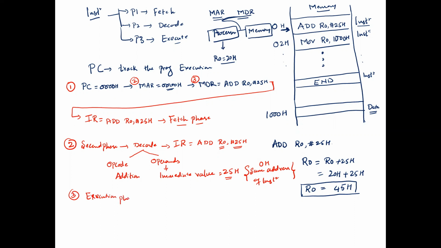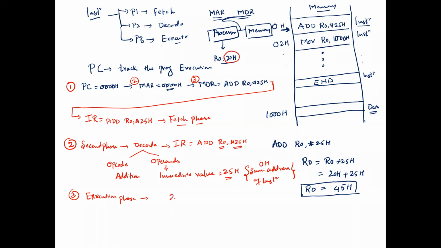Now in the execution phase, what happens? It will take 25H, and then it is going to add it with R0. So what is the R0 content? We have assumed it is 20H.